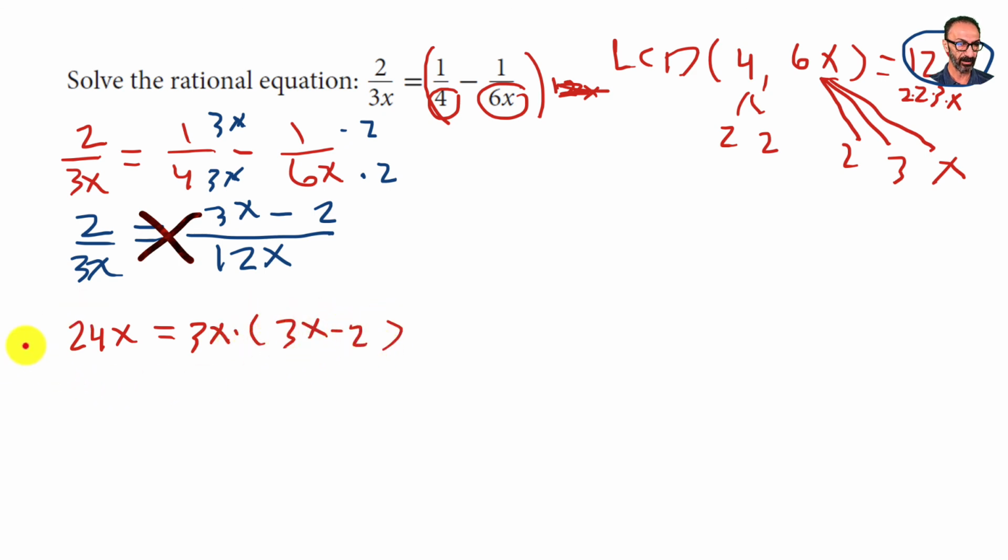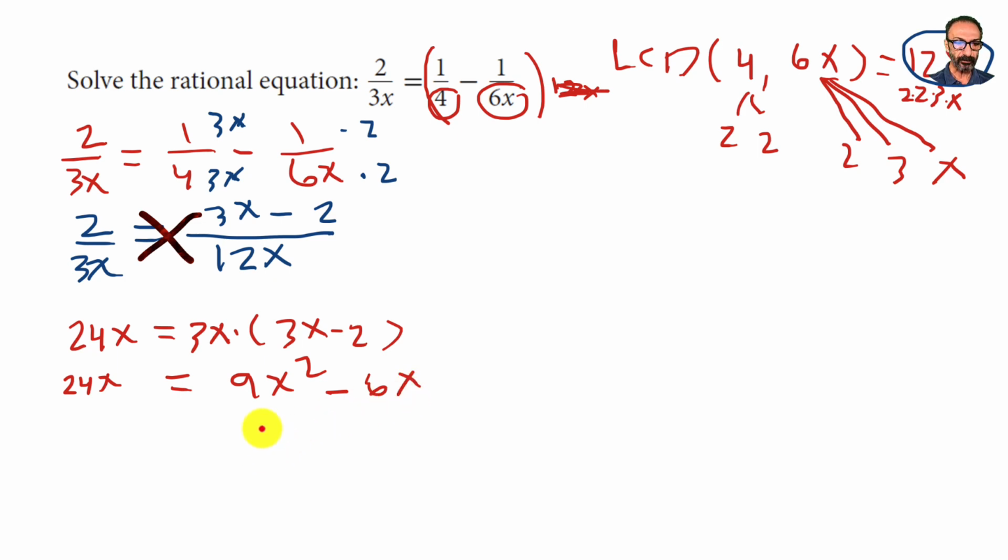I have now 24x equals 9x to the second using distributive, minus 2 times 3x, which is minus 6x.